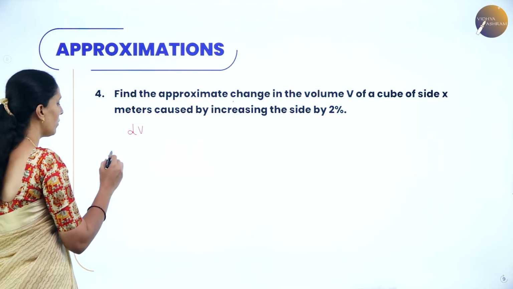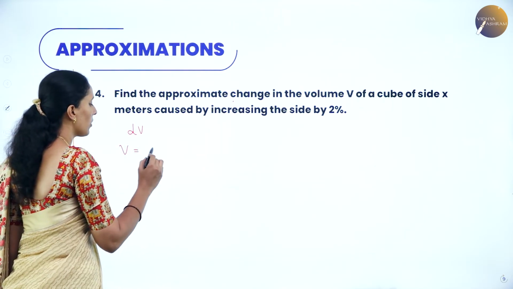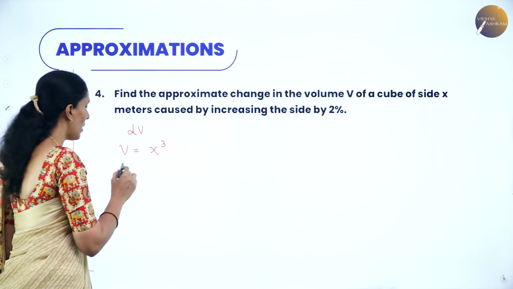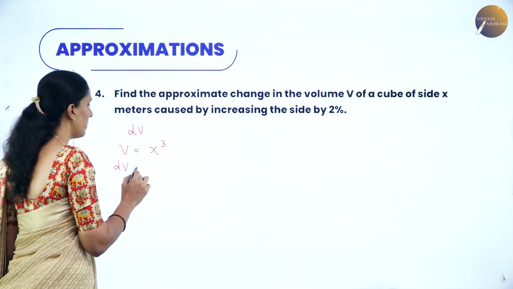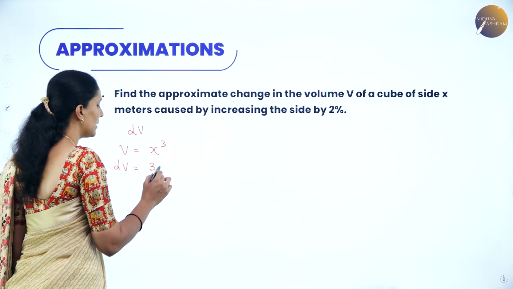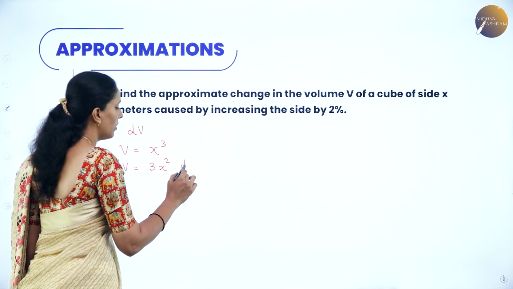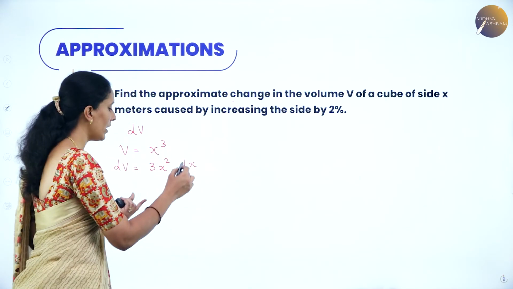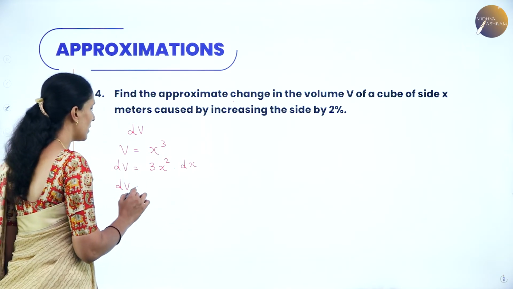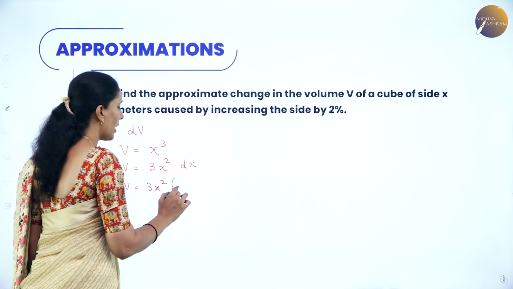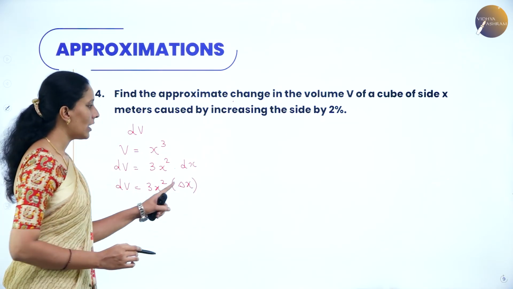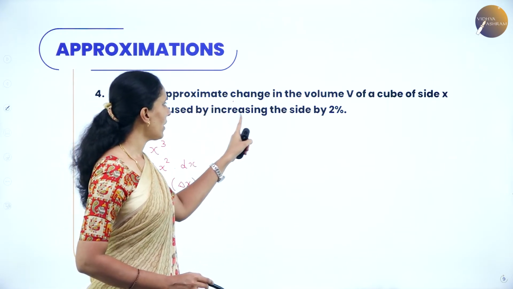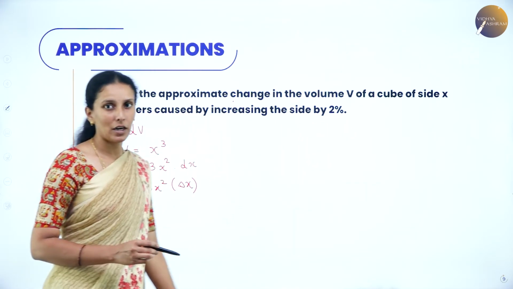So here we know that the volume of a cube of side x meter is given by x cube. Therefore, the change in volume can be written as 3x square into dx. Here dx is a very small quantity, thus we can write dV is equal to 3x square into delta x. That is the increment caused. Here the increment of x is given: it is increased by 2% of x.